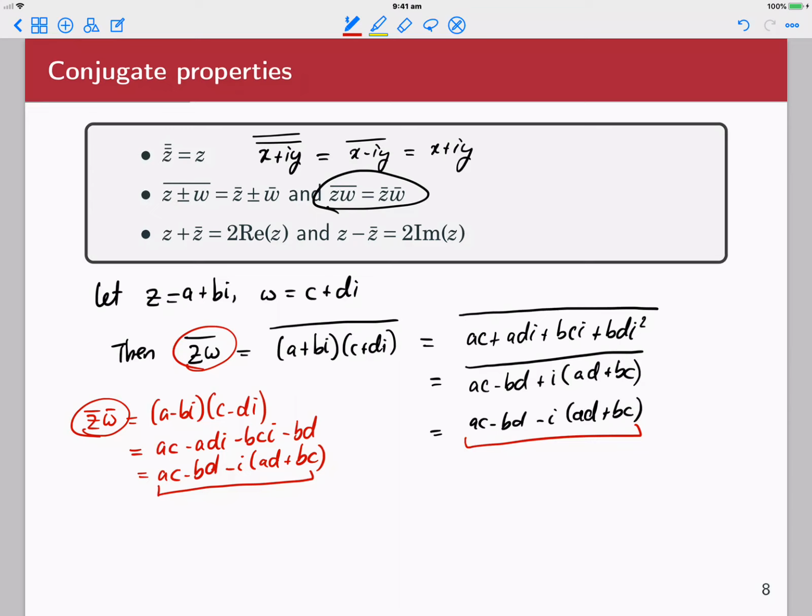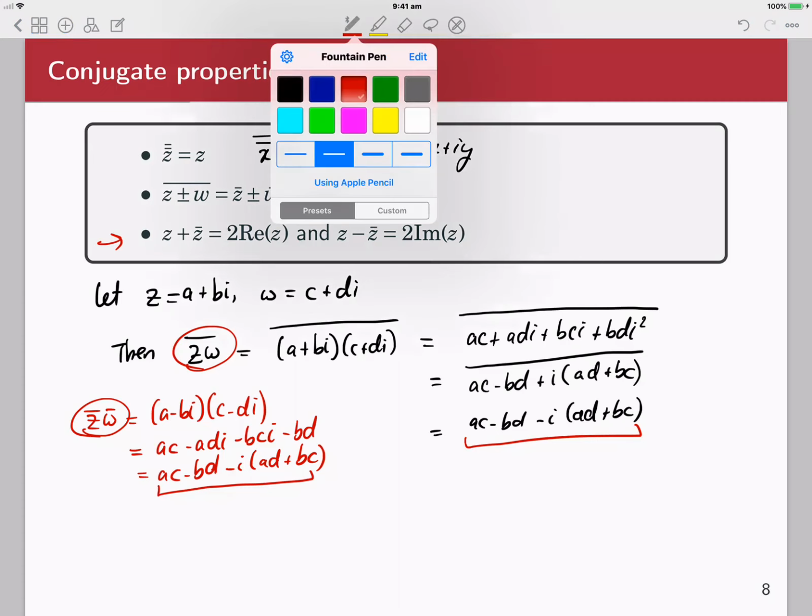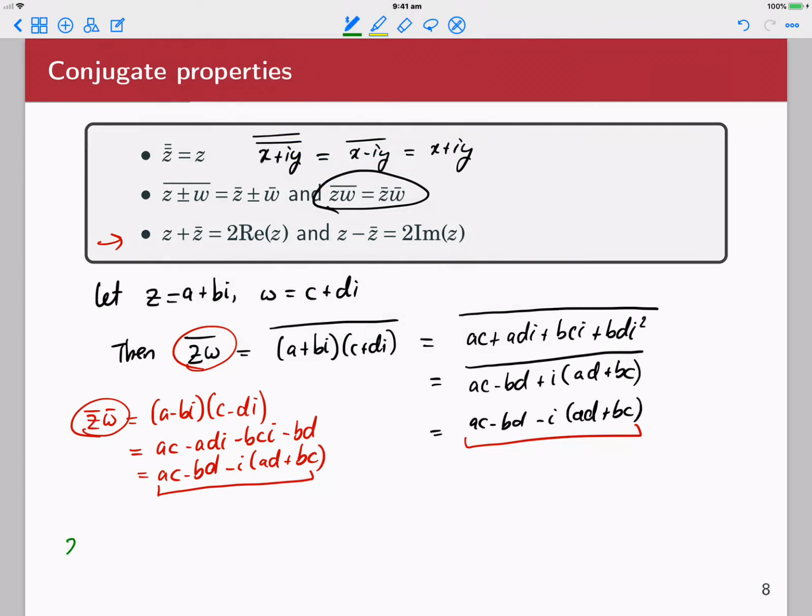So it's a good exercise to try and prove the other property as well. Now the third bullet point here is saying that when you take a complex number and you add its conjugate to it, you get 2 times the real part. So that's quite an important one. To see why that's true, let's say z is some random complex number a plus bi.